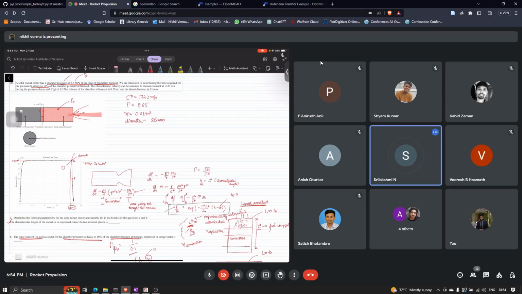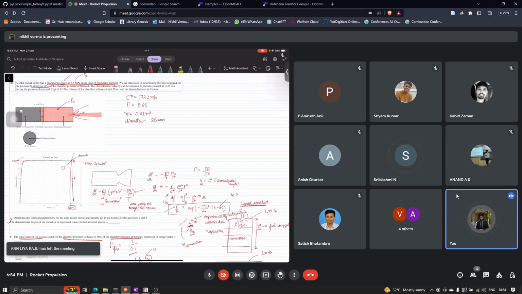I have one more question. When Sir explained this in the lecture, should this be referred to in terms of the non-dimensional pressure or just the actual value of pressure? No, this is the actual value.